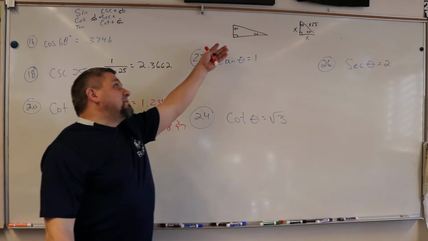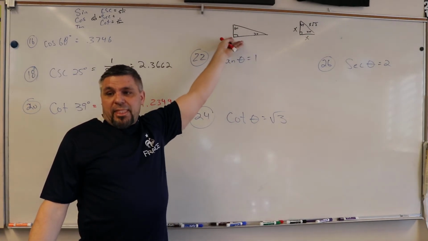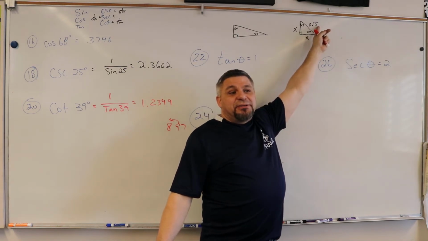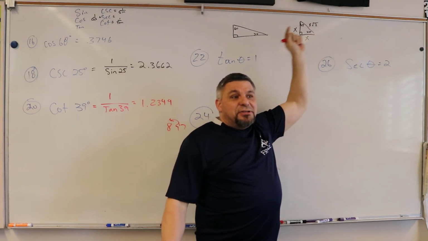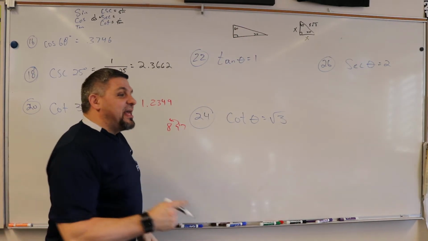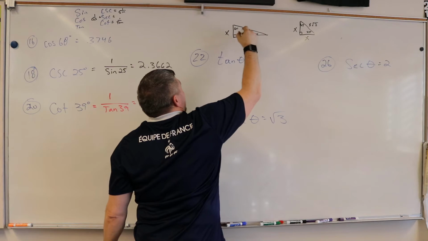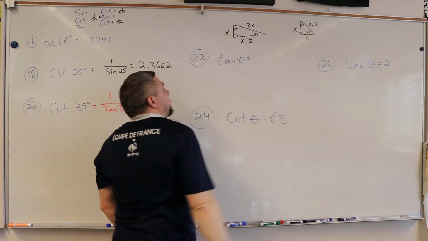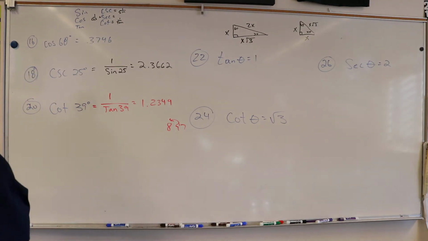This one's always hard to remember. Just remember this. The square root's on the hypotenuse on this one, right? So it's not on the hypotenuse on the other one. So then, the short side is X. This is 2X. So this is X square root 3. And that's how I tried to remember it.